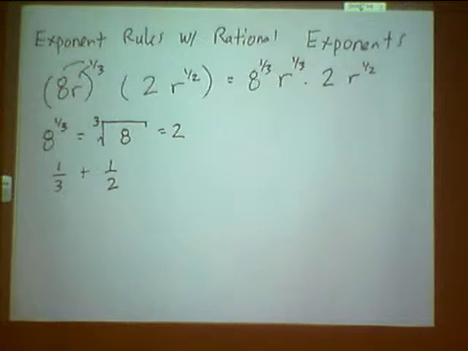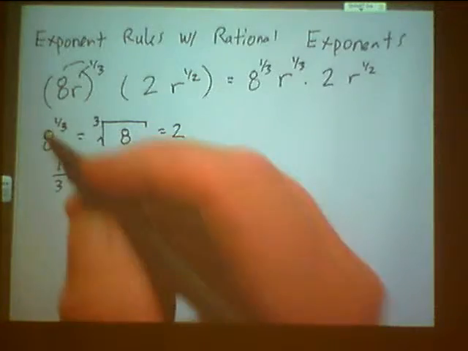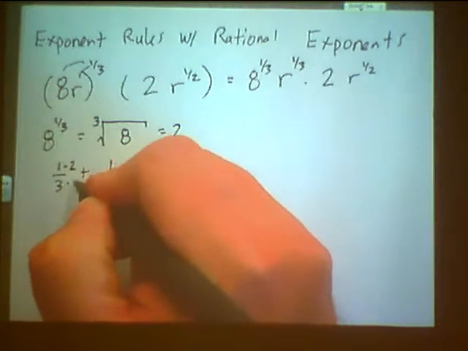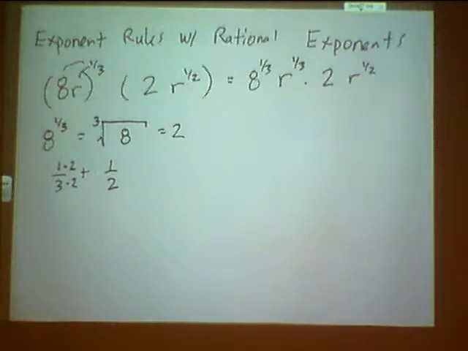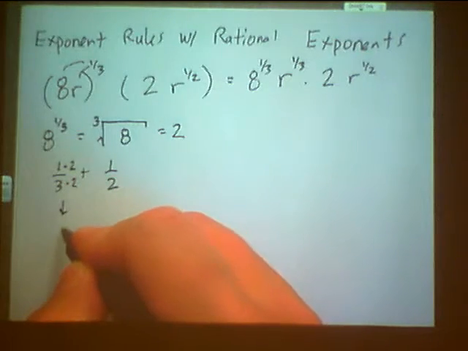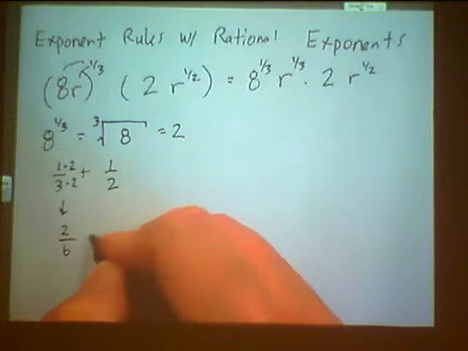So 1/3 plus 1/2. Hopefully you all remember that when you add or subtract fractions, you have to have a common denominator. So in this case, if I look at 3 and 2, the lowest common denominator is going to be 6. So to convert this to my common denominator, the first fraction I multiply by 2 over 2, so I get 2 over 6.